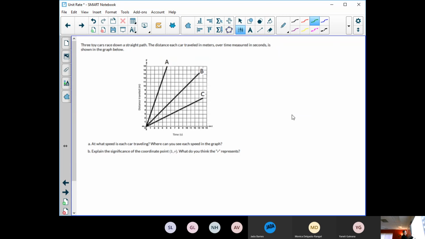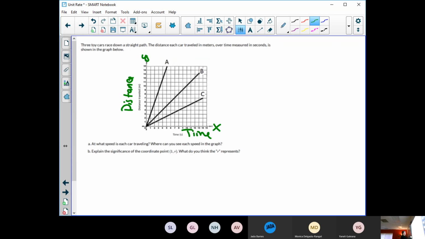So the first thing I want to notice is that time is my x, and distance is my y. So this is y, this is x. And I have 3 different cars, A, B, and C. And these graphs represent how far the car traveled in a matter of seconds.